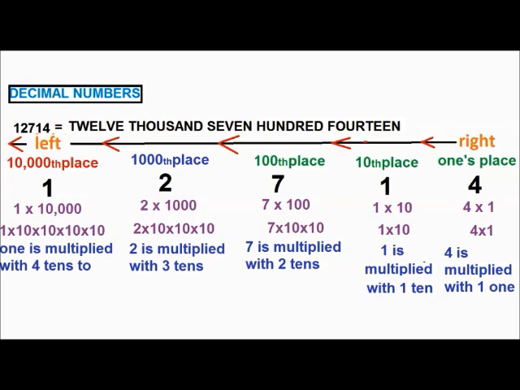So from the right onwards, 4 is multiplied with 1, that is ones place, and the next 1 is multiplied with 10, that is tens place, and 7 is multiplied with 10 into 10, that is hundreds place, and then 2 is multiplied with 3 tens, that is thousands place, and again 1 is multiplied with 10,000, that is 4 tens, that is 10,000s place.